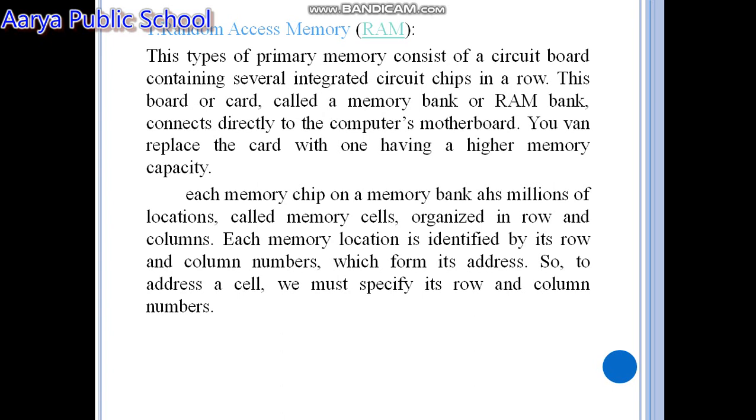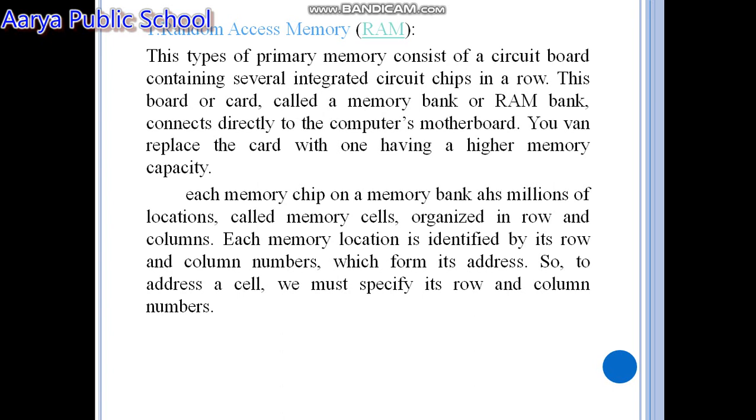Now, next, this type of memory consists of a circuit board containing several integrated circuit chips in a row. This board or card is called a memory bank or RAM bank, connected directly to the computer's motherboard. Students, this RAM consists of chips in a row, that is, in a line.